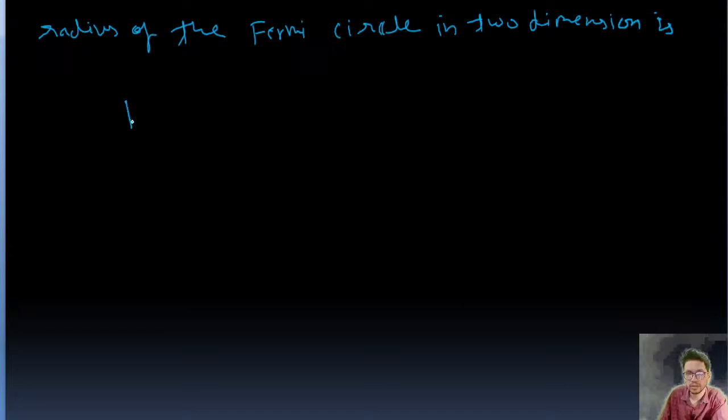We know, right, that kf is equal to, you need to note down, guys. I will also explain this Fermi circle and Brillouin zone in the condensed matter physics class, which is already going on. This is the formula in 2D for the Fermi radius.